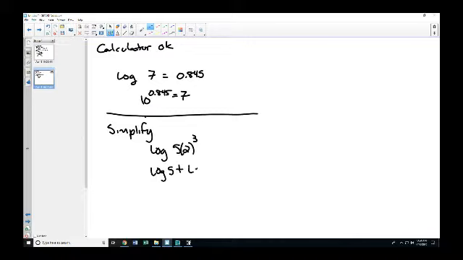Yep. Okay, there we go. Now we can move the 3 down, right? So that would be simplifying it by hand. If you wanted the decimal, punch it in the calculator. Okay, let's put that in and see what we get.